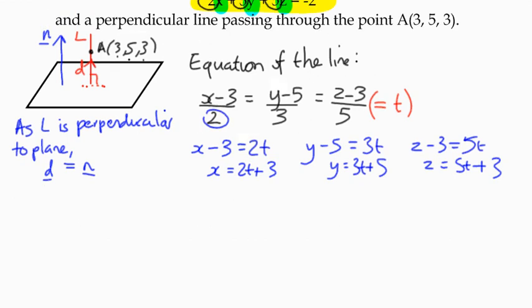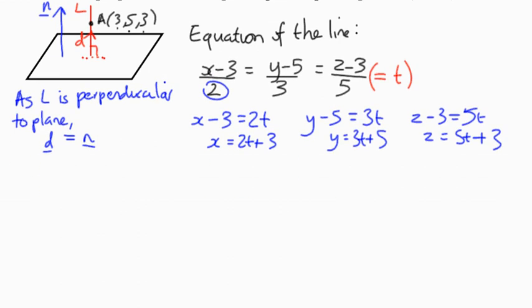So all we need to do now is to state that for the point of intersection, something magical happens. We know that, of course, the x, y, and z coordinates on the parametric form of the line have to equal the x, y, and z coordinates on the plane.